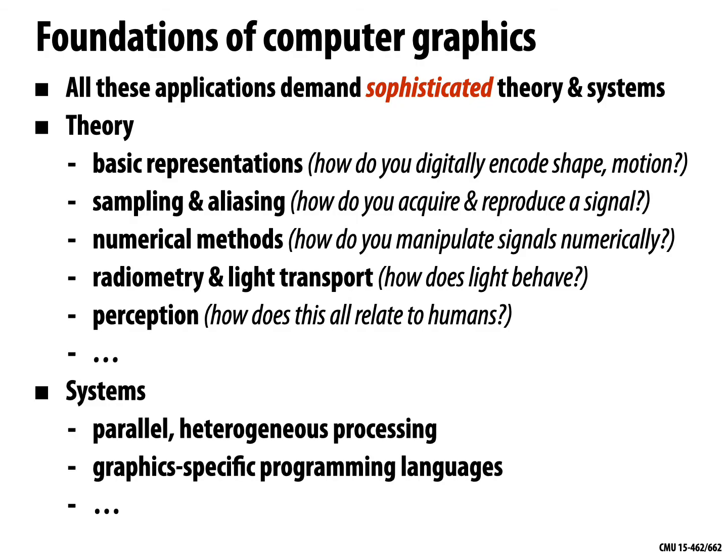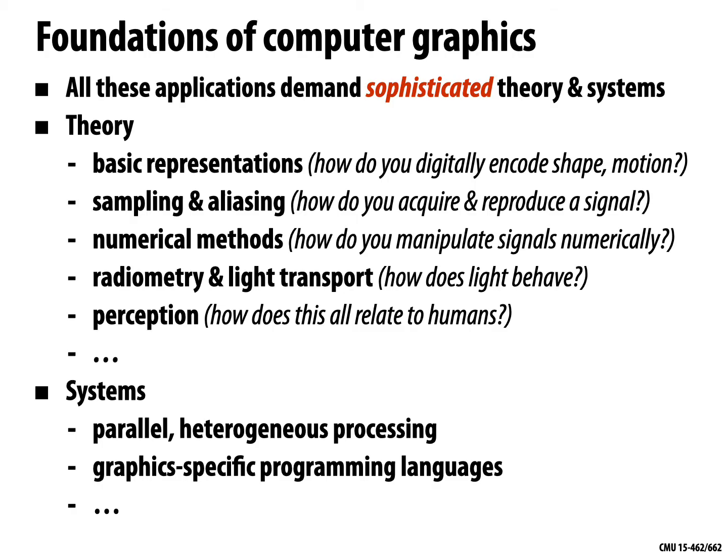On the systems side, if we want to create algorithms that pump out gigabytes of data into a VR headset, well, then we really need to think about performance and the way that information is exchanged by different processes and algorithms in our pipeline. So we're going to talk about things like parallel or heterogeneous processing that might be needed to run fast graphics algorithms.